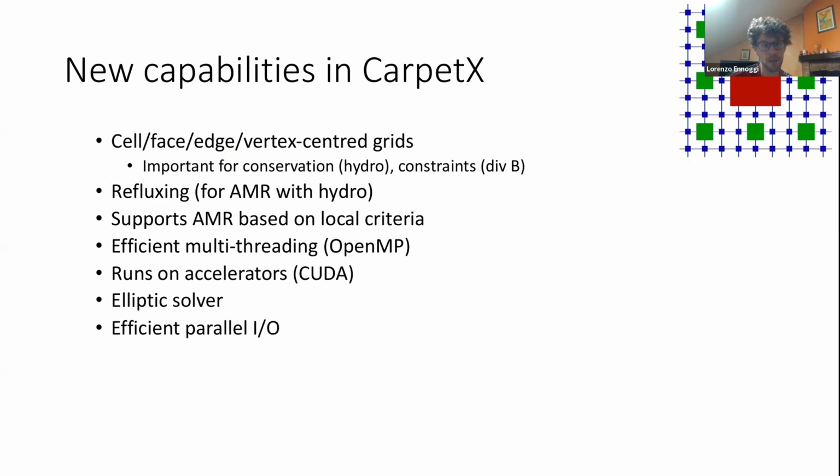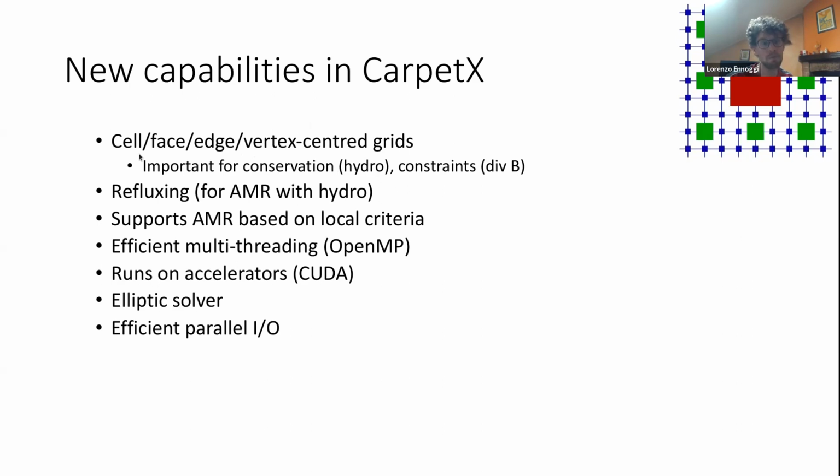Let's see, we have new capabilities in CarpetX compared to Carpet. First, CarpetX now, thanks to AMRX, supports cell-centered as well as face, edge, or vertex-centered grid functions. For example, if you want to do GRMHD, you typically want to have the metric terms at the vertices, and for example the rest-mass density, pressure, in general hydro variables, you want to have at the center of your cell.